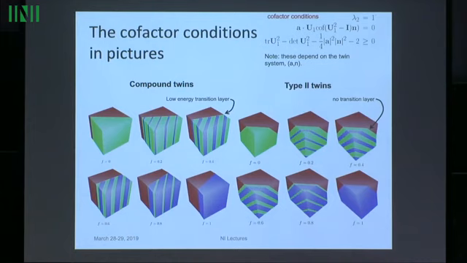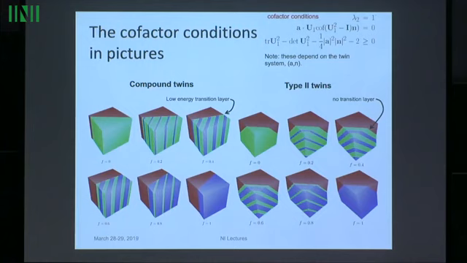And that has to do with the geometry of the twinning of these 2 variants. I'm not going to explain that. But in any case, the cofactor conditions do depend on the twin system. So if you satisfy them for these compound twins, it looks like this. And in fact, there's a transition layer in there you can't see very well. It's actually a plane strain situation.